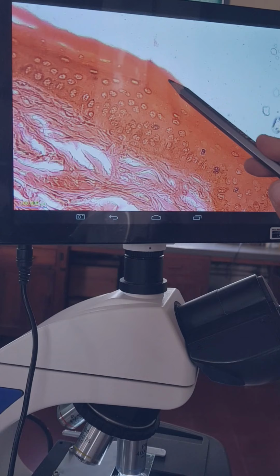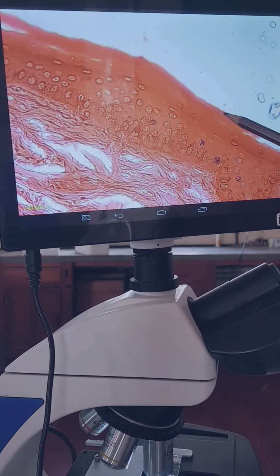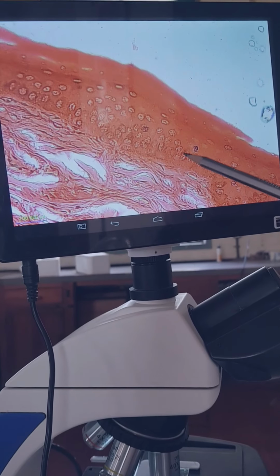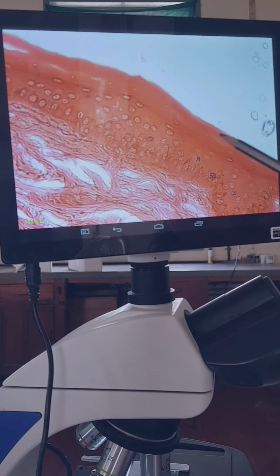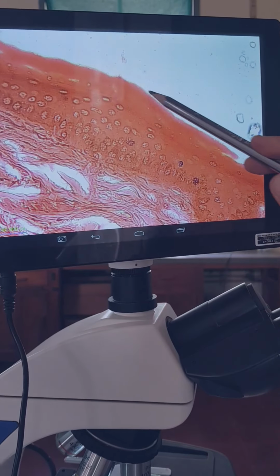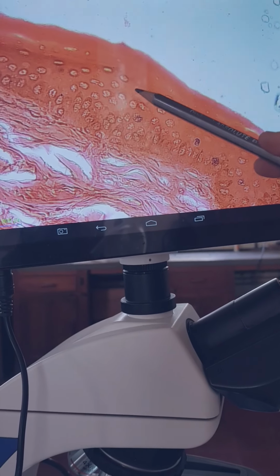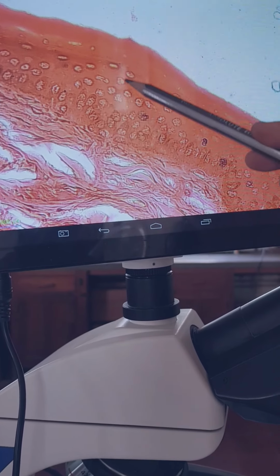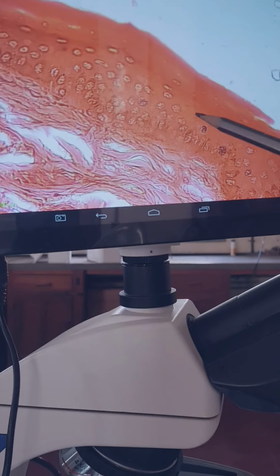Also you can see keratinization is there. Keratin material is lying over the surface. So this epithelium is called stratified squamous keratinized epithelium lining the skin. The purpose of keratin is to keep moistness or prevent dehydration of these layers, which are exposed towards the surface.